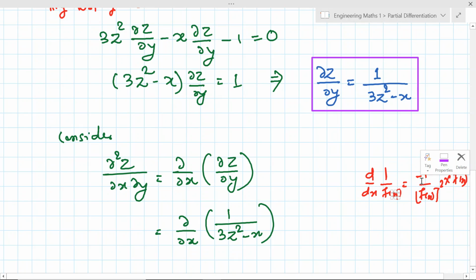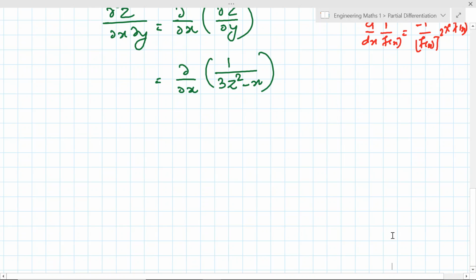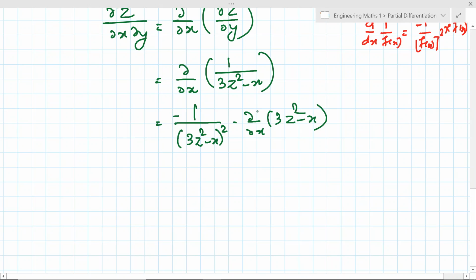Okay, so this is the partial derivative. The function is in the denominator, so the answer is minus 1 upon the bracket square of the function, which is 3z square minus x, into the partial derivative of this 3z square minus x, that is f dash of x.